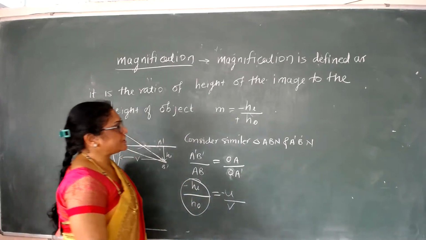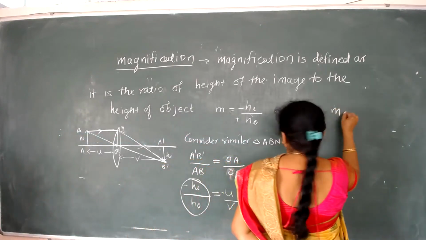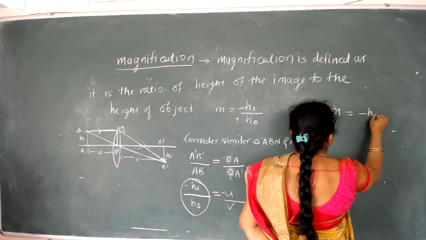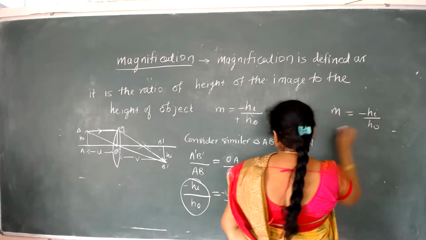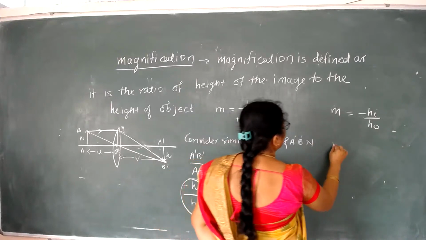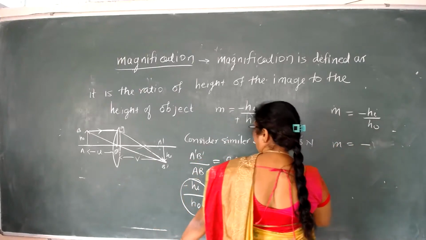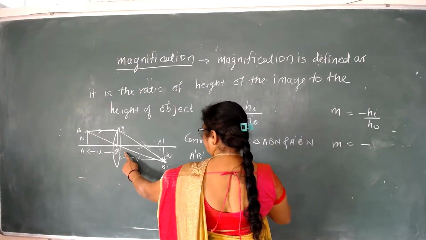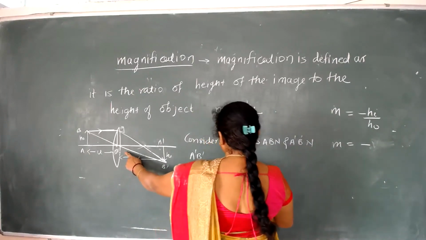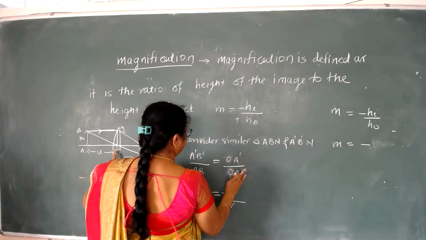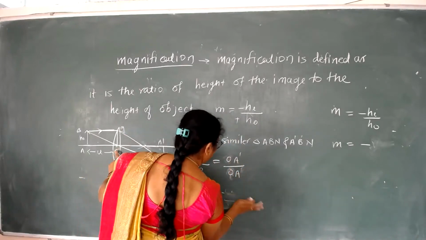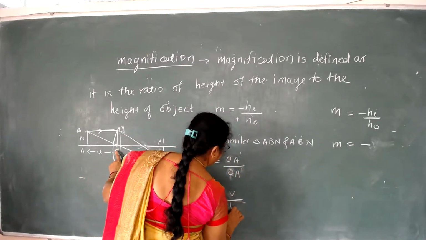So magnification is equal to minus hi by ho. Substituting in this equation, we have the similar sides OA dash divided by OA, which means image distance divided by u.